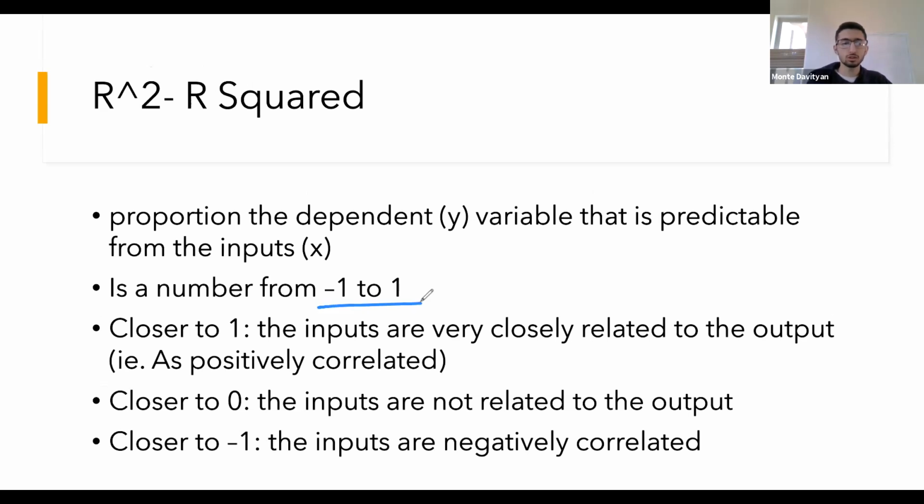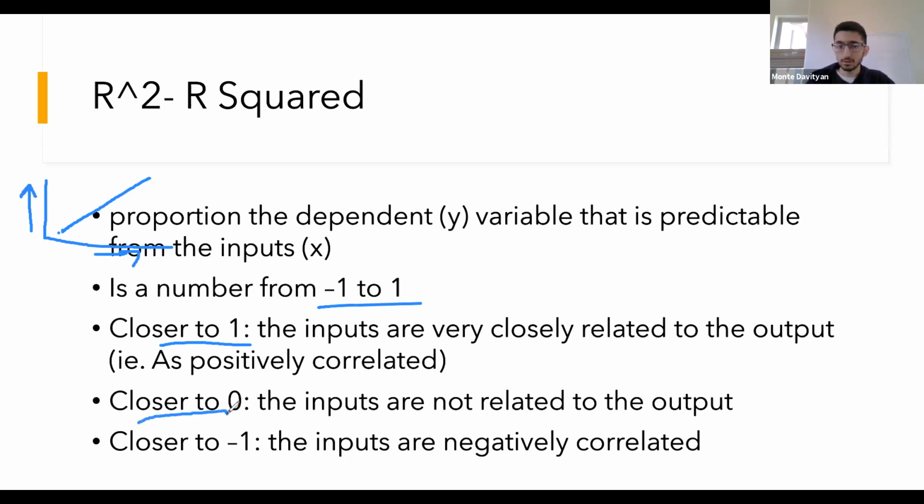The closer to 1, that means they're positively correlated. What I mean by that is, let's say the line is like this. This is a positive correlation. As our input increases, the output, our prediction, is going to increase as well.